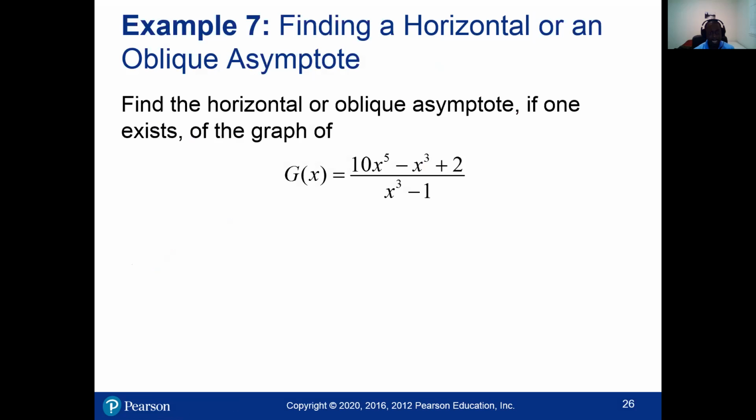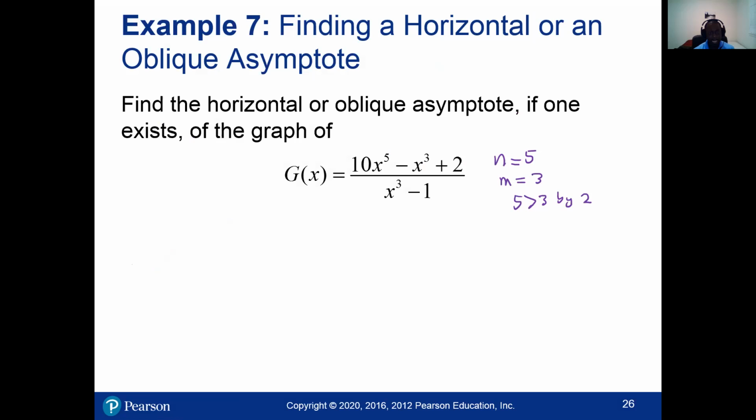Finally, it says find the horizontal asymptote or oblique asymptote if one exists. Now look at this graph. The degree of the numerator, n, is 5. The degree of the denominator is 3. You see that 5 is greater than 3 by 2.